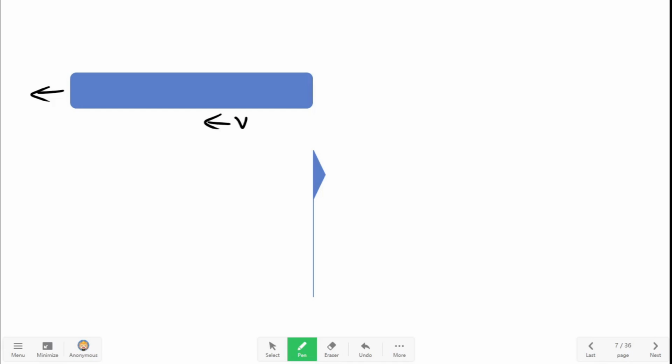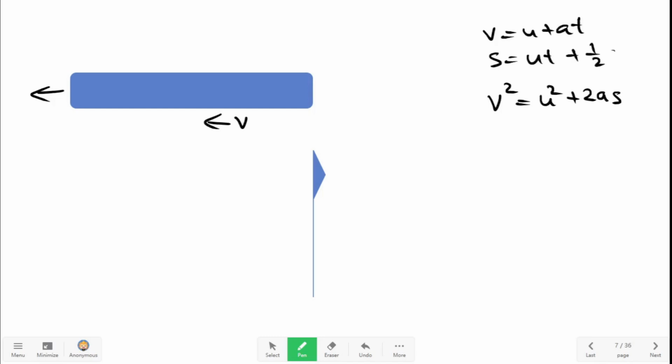When there is constant acceleration, there are formulas like v square is equal to u square plus 2as. This is one formula. Another formula is v is equal to u plus at. We also have s is equal to ut plus half at square. In this case, we can use v square is equal to u square plus 2as.